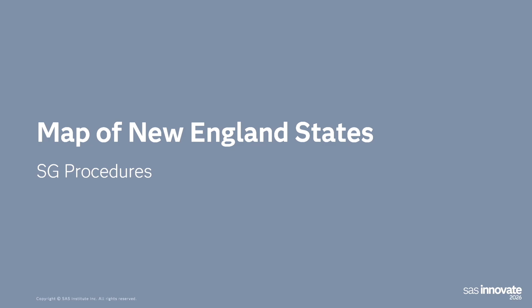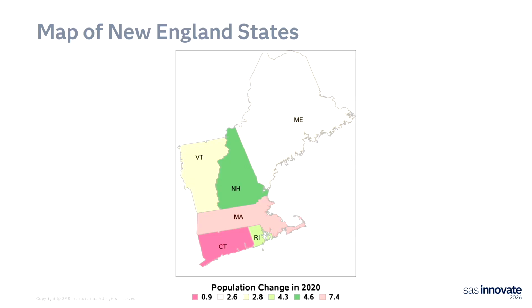The appearance of the maps created by proc SGmap and proc SGplot with a polygon plot are virtually identical in appearance, depending on whatever parameters you use. So if you're interested in proc SGmap, there are several papers in the references, but in the interest of time, we'll just move on with proc SGplot with a polygon statement.